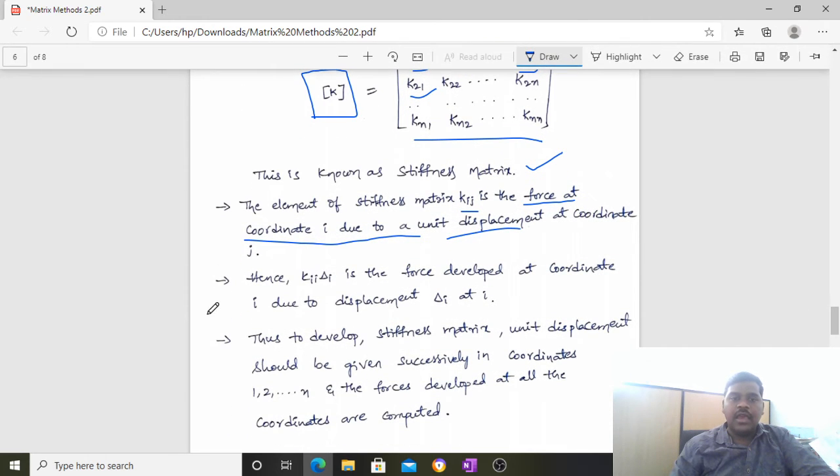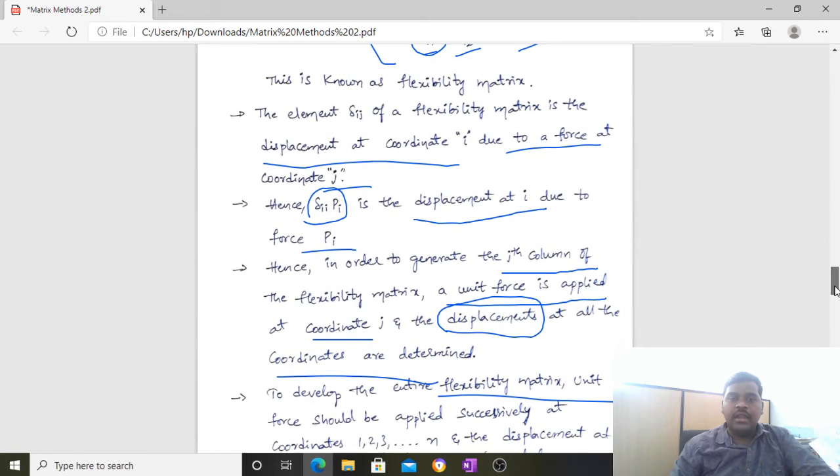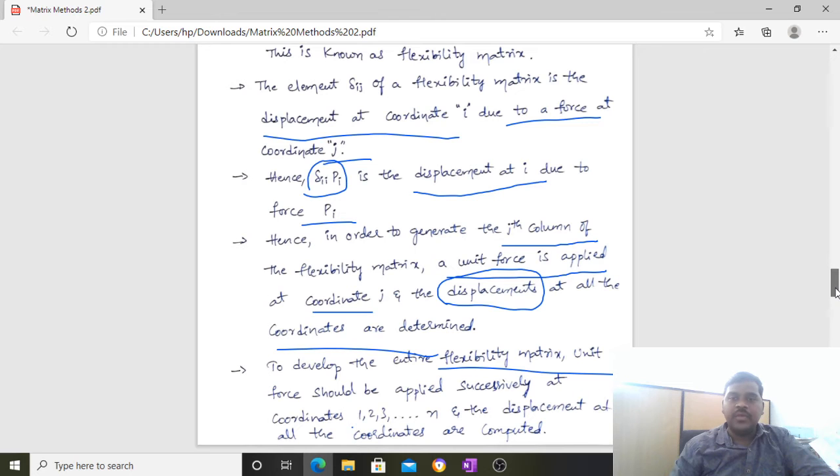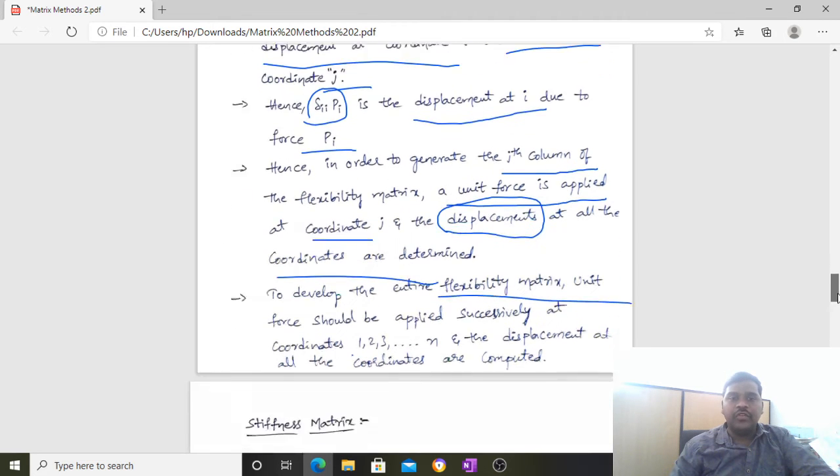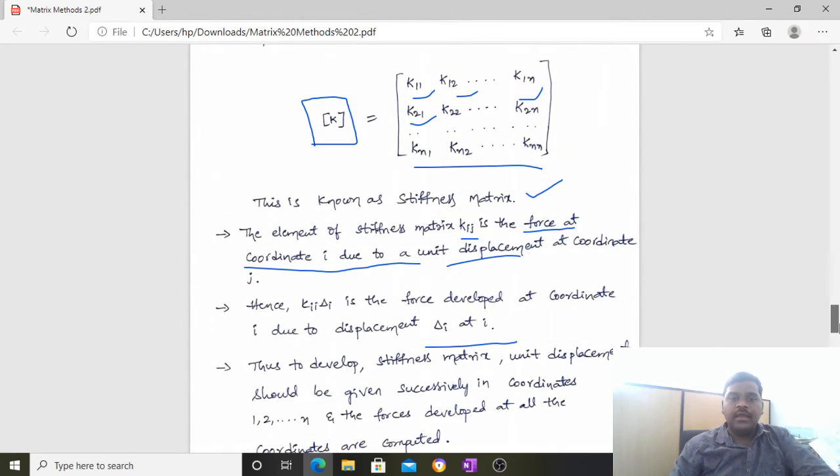Here, Kii into delta i is a force developed at coordinate i due to the displacement delta i at i. So if you observe the second point here and here, delta ii into Pi is displacement at i due to force Pi, and Kii into delta i is a force developed at coordinate i due to displacement delta i at i.